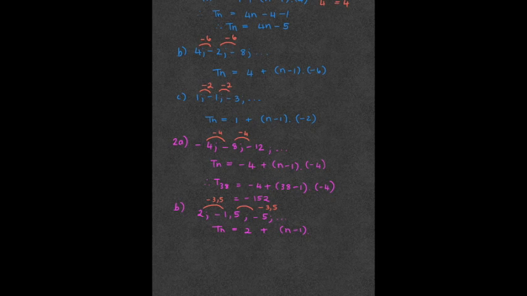So my constant first difference, the value for D, would be -3.5. All right, so now that I've determined my nth term, I can now figure out what the value of the 38th term is. And all we do is we substitute 38 in the place of n. Right, and now I can solve.